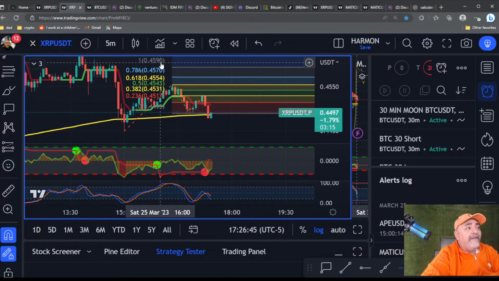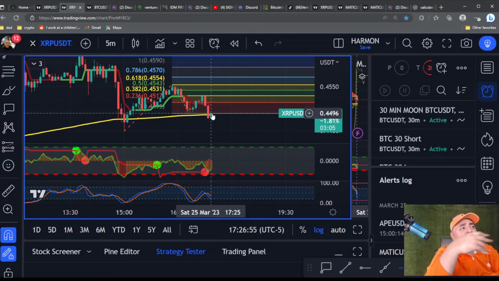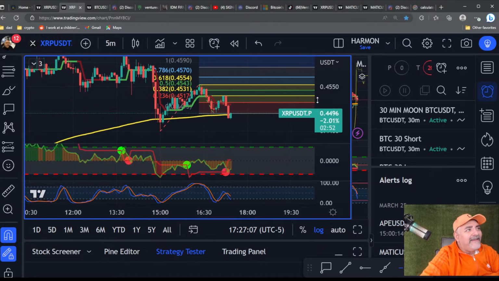It's still even, right? So you're going to be looking to take profits here on your short in this zone. If this falls below the moving average, which it looks like it's trying to do, we should see the Fibonacci's reverse if this is going to be a serious short, right? A big short, right? It hasn't done that yet.